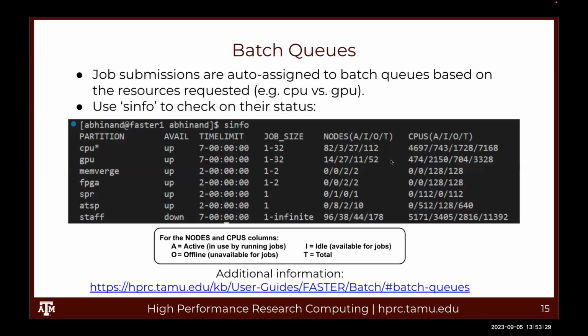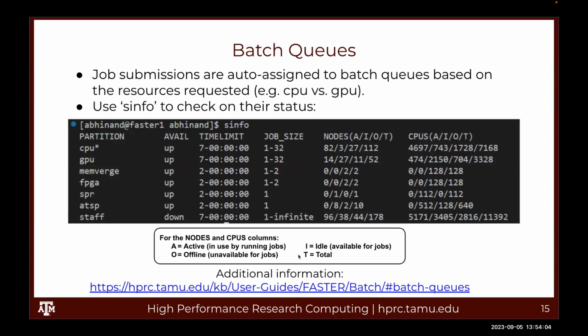So here's a little bit more about batch queues and how Slurm works. You can run the command sinfo to see the information on what HPRC has available and how much is up and running, ready for current jobs. The most important thing I'd take away from this slide is that we can show you how many nodes are active, idle, offline, and how many there are in total.